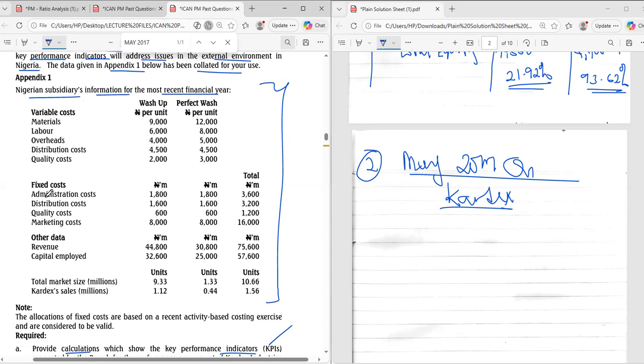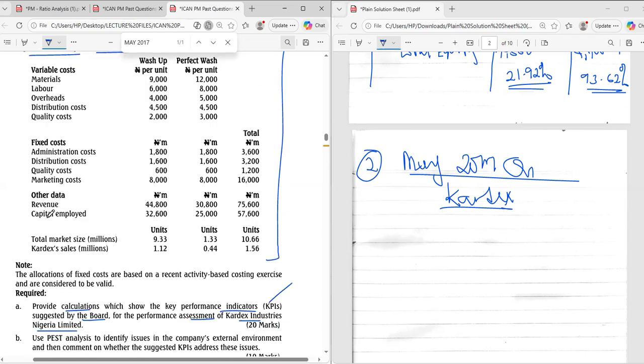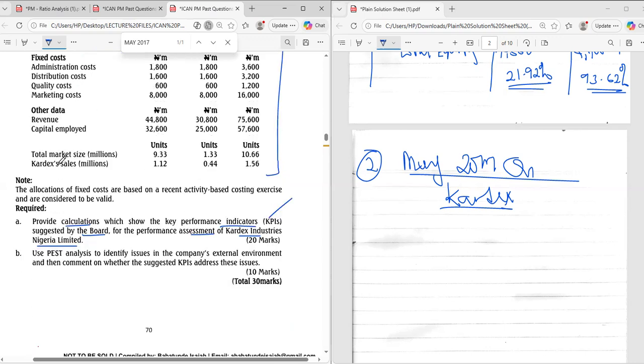So this is a fixed cost, admin expenses, distribution cost, quality cost, marketing cost. Other data, revenue, capital employed. We have the total market size, and we have the CADES sales in units, millions of units. The allocation of fixed costs are based on a recent activity-based costing exercise and are considered to be valid. No wahala. So let's compute those KPIs.